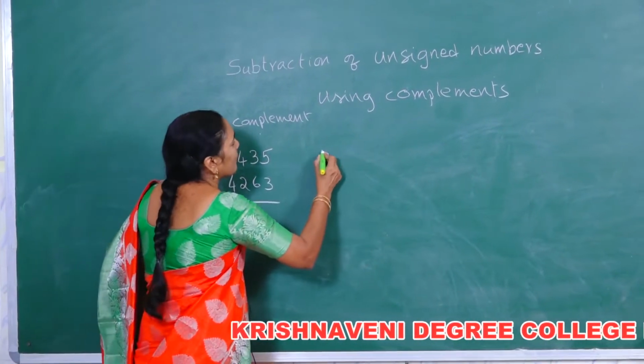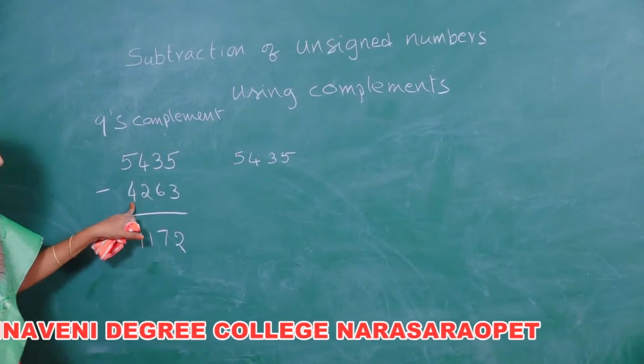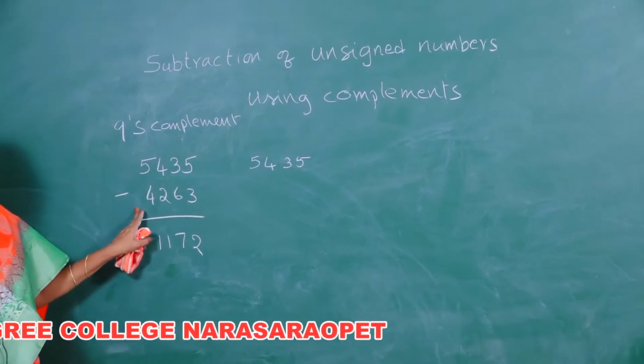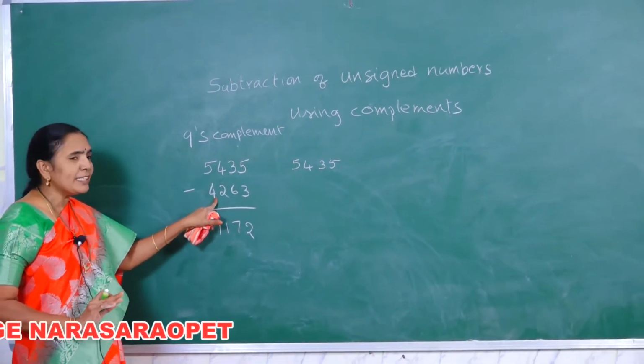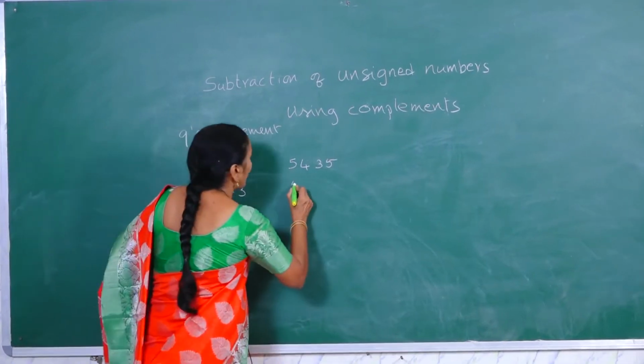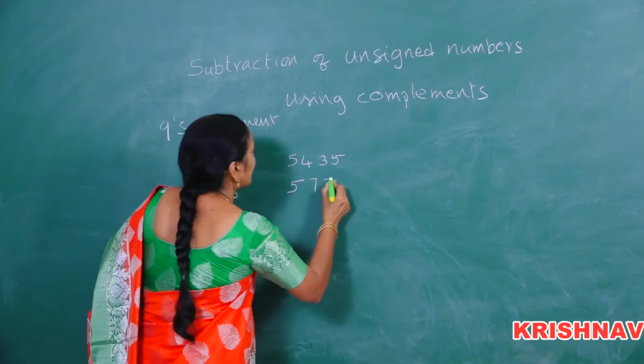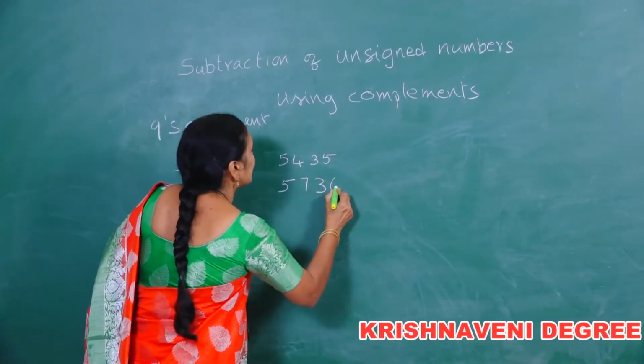The positive number is written as it is, and the 9's complement number is directly available by subtracting each digit from 9. 9 minus 4 is 5, 9 minus 2 is 7, 9 minus 6 is 3, 9 minus 3 is 6.